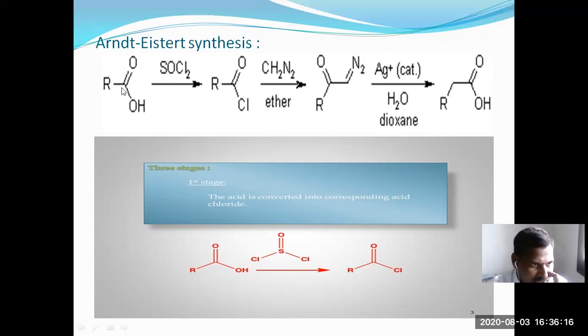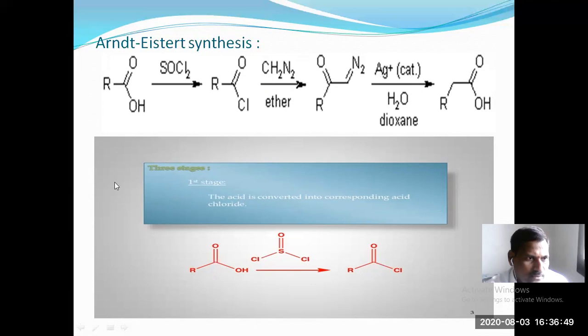So this carboxylic acid reacts with thionyl chloride, and acid chlorides are formed. This acid chloride reacts with diazomethane in the presence of Ag+ catalyst, and you get the carboxylic acids. An analogous series of carboxylic acids is prepared from this synthesis.